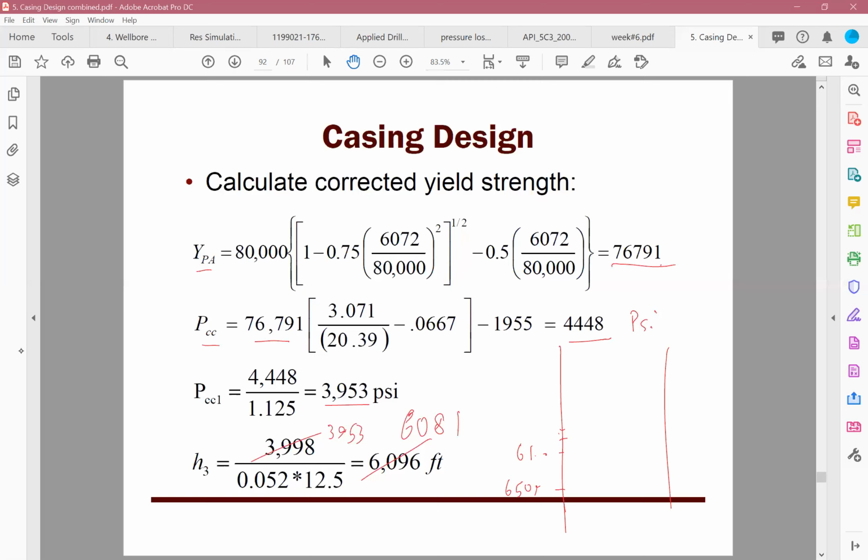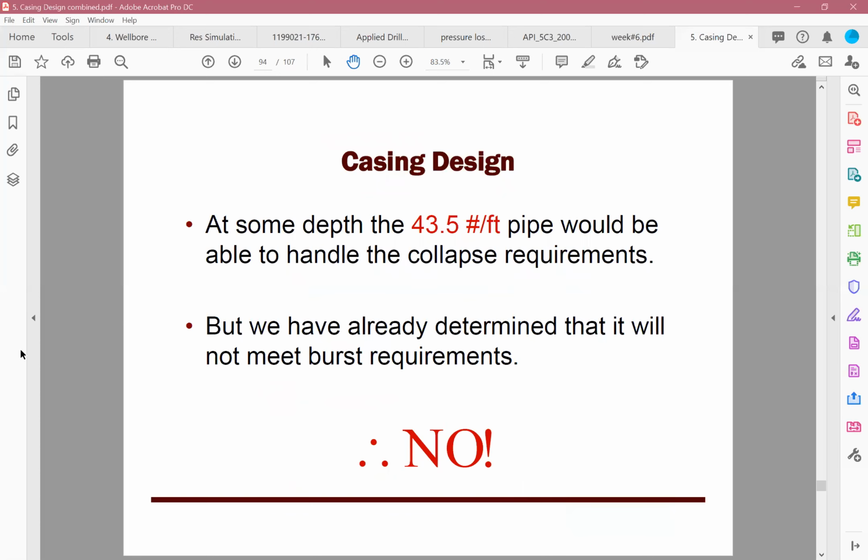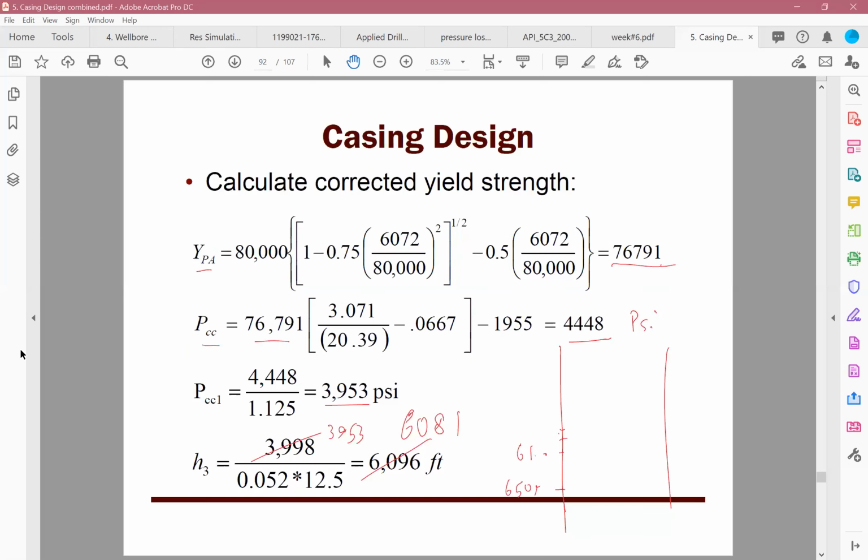You can stop depending on whether I ask you to do that or not in the exam or in the homework. Basically, try to reduce this difference between two set depths of two iterations. No, I didn't do another one, but three iterations here, and now we are done.